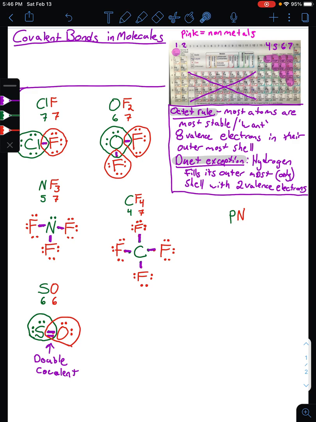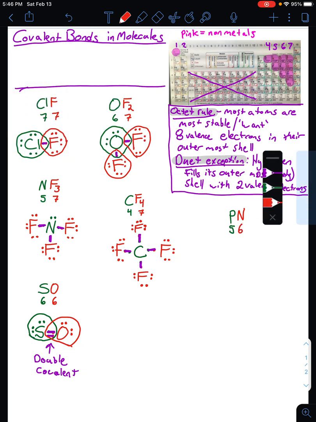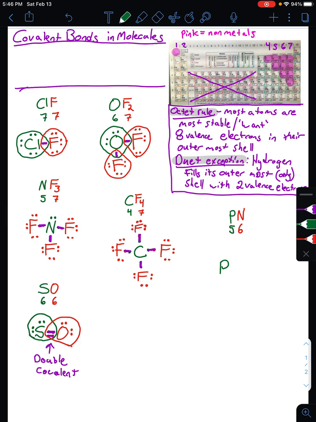So nitrogen is up here with 5 valence electrons. Phosphorus is here with 5 valence electrons. Write them in. They are both 5. And let's look at them when they pair up. So we've got phosphorus with 1, 2, 3, 4, 5 valence electrons.